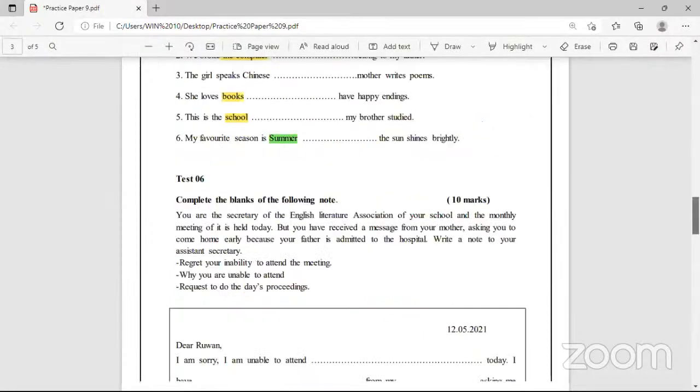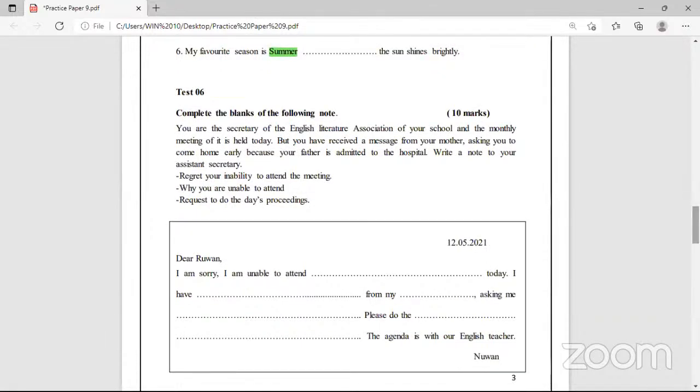Question number 6, test number 6. I will give you 2 minutes to complete this one.